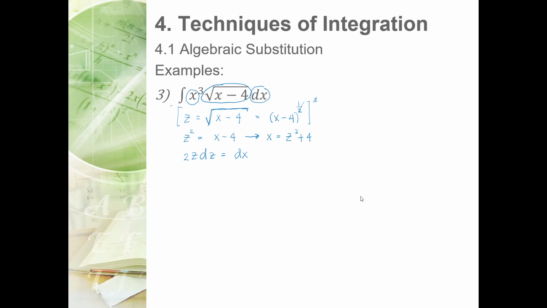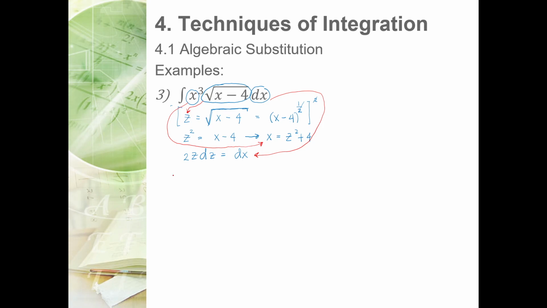So again, if we try to track down the substitution method, dx is going here, the square root of x goes to the z parameter, and the x variable is going to this one.